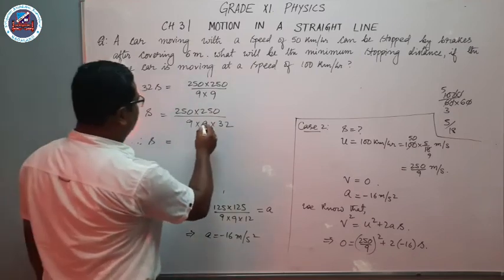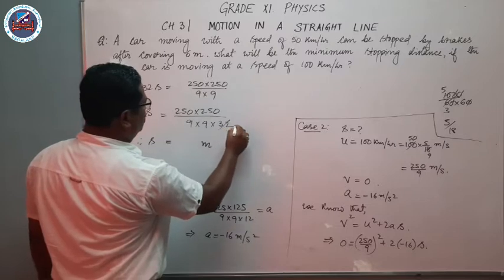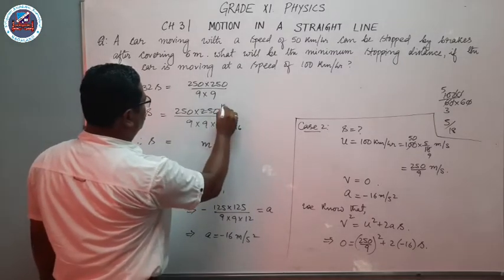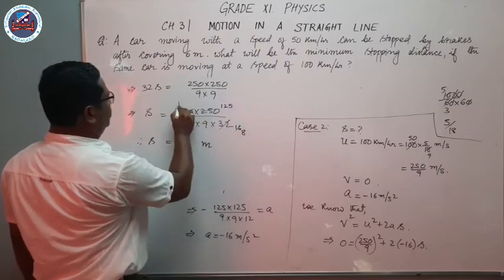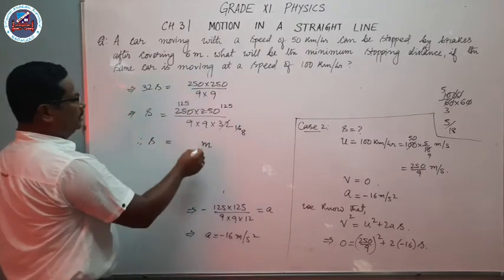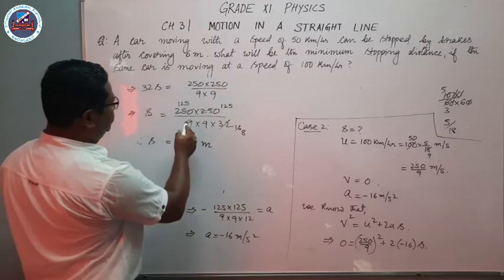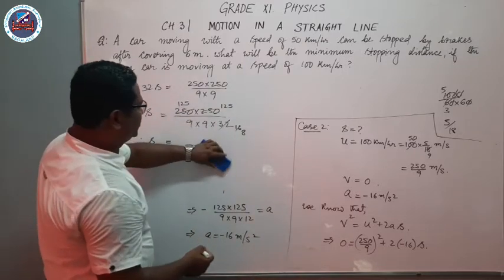You can go on calculating: 2 16s are 32, 2 2s are 4, 2 5s are 10, 2 8s are 16, 125. Further you cannot cancel it.